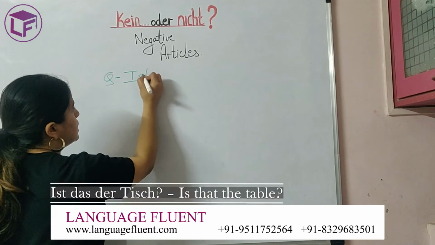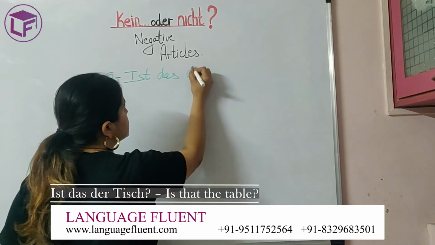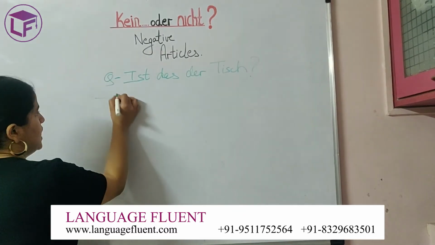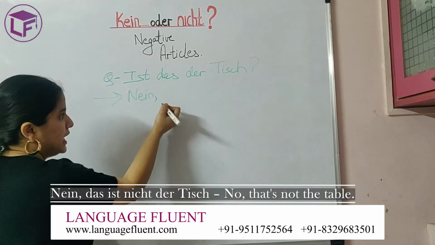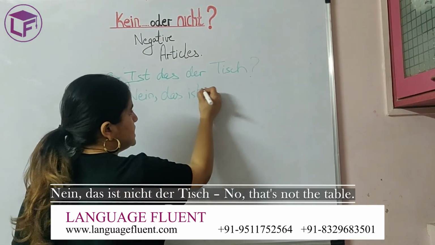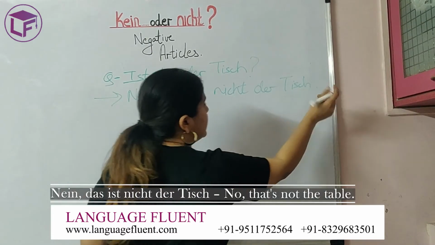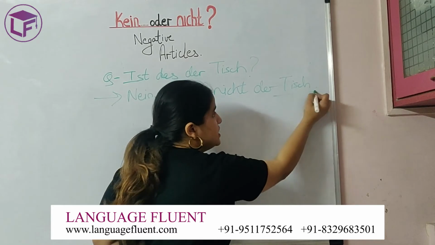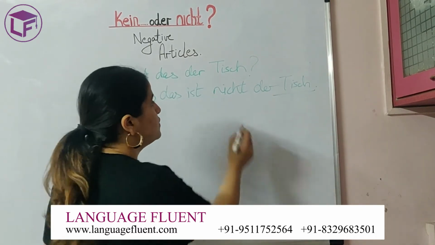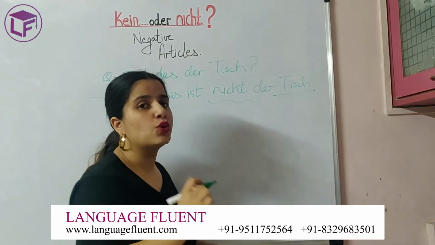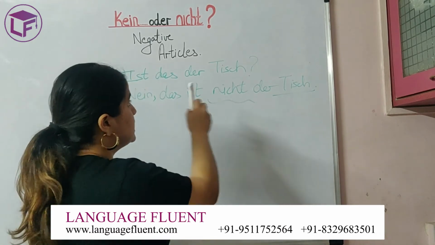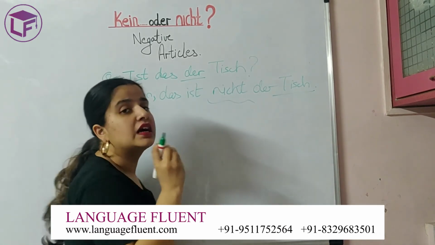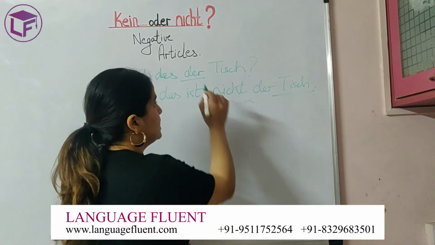Now let's look at this sentence. Question. Ist das der Tisch? Answer. Nein, das ist nicht der Tisch. Now here we can see that Tisch is a noun. Still we have used nicht. This is because here we have used a definite article, bestimmt article.